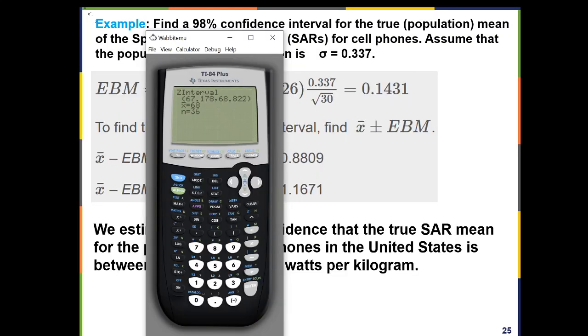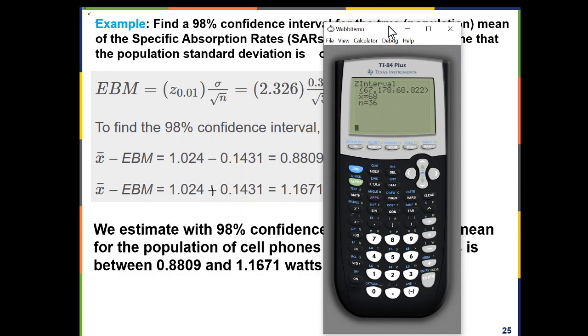Well, we can go to second distribution, inverse normal. Now, what we want is a number that has, we want two numbers that have 98% in the middle. Now, if it's 98% in the middle, then there's 2% left.